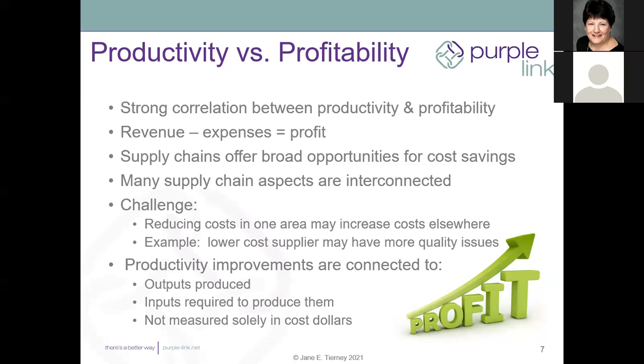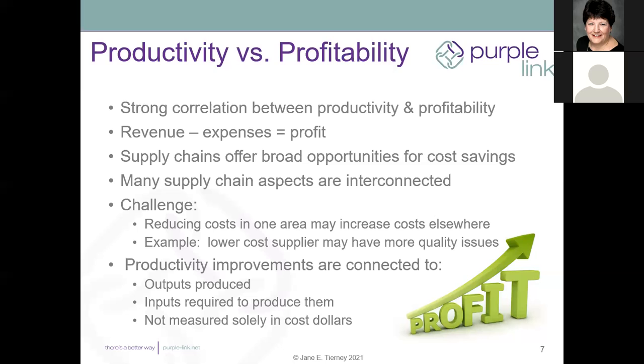Productivity improvements are more closely correlated to profitability increases, and why is that? I ask my students. The reason is because productivity is linked to the processes and the ways things are done, the output versus the inputs required to produce them.